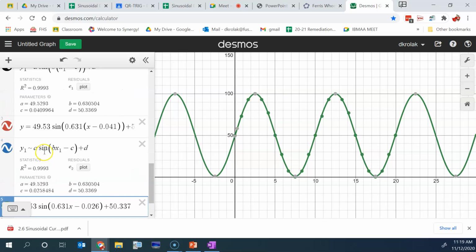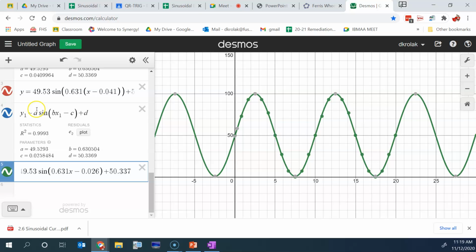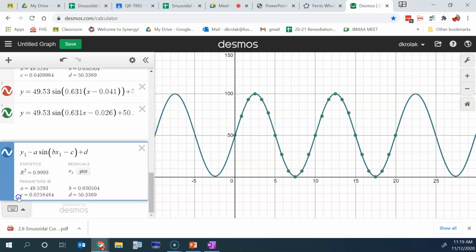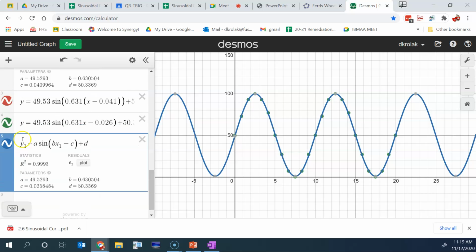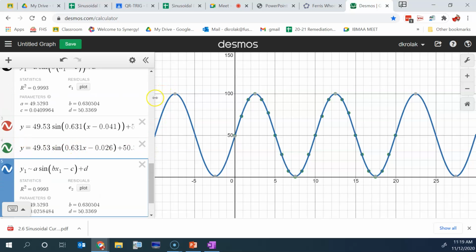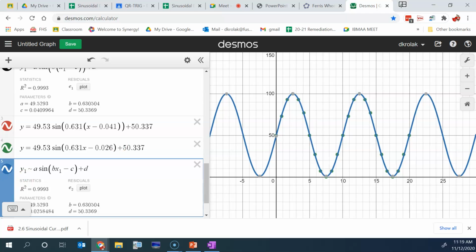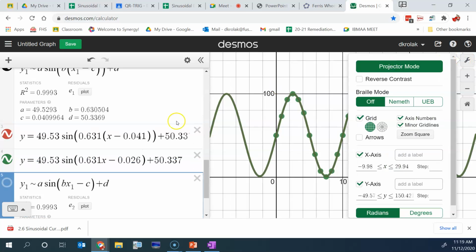See, they all look the same. So you got to realize that these aren't different equations, they're the same. If I turn this off, the red and the green are the same equation. It's just written out in a different form, that's all. These are exactly the same.